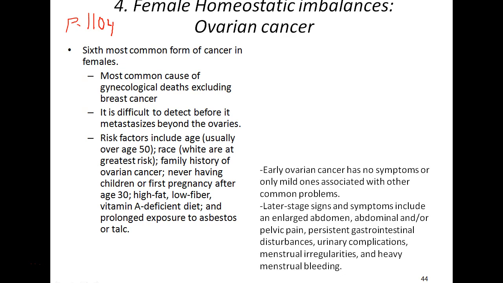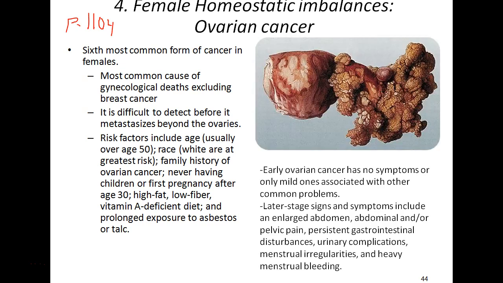And this is going to arise from the oocytes, the connective tissue, or the surface epithelium. This ovarian cancer is difficult to detect because there are no exact signs or symptoms. So therefore, treatment is usually a combination of surgery and chemotherapy. Here's a rough picture showing possible ovarian cancer.